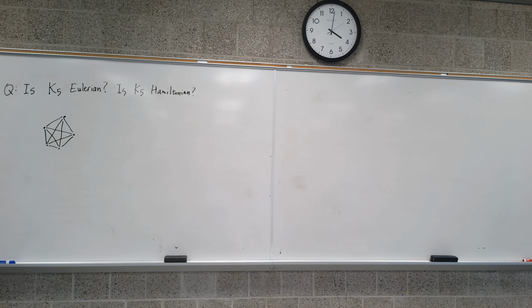That's K5. Now these only cross each other. There aren't any vertices here, so there are only 5 vertices.